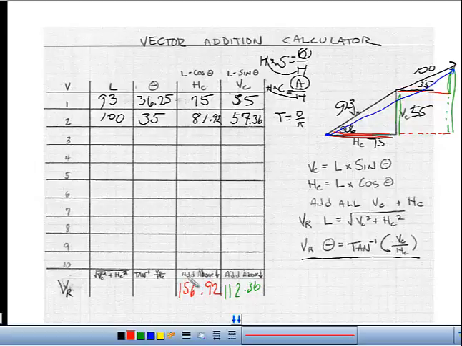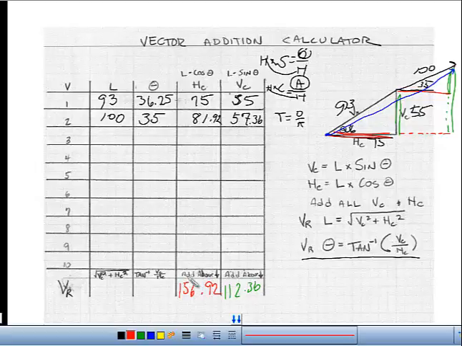So to find the resultant vector, we're going to do Pythagorean. Take the square root of 156.92 squared plus 112.36 squared, and we'll come up with about 192.999.